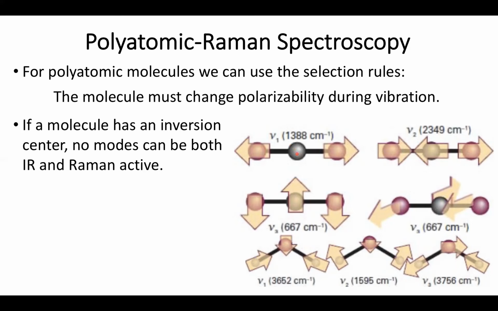Again, inversion symmetry is often related to nonpolar molecules. So if a molecule has inversion symmetry and it is IR inactive, it will be Raman active. Conversely, I have a molecule like this that is IR active, but turns out to be Raman inactive.